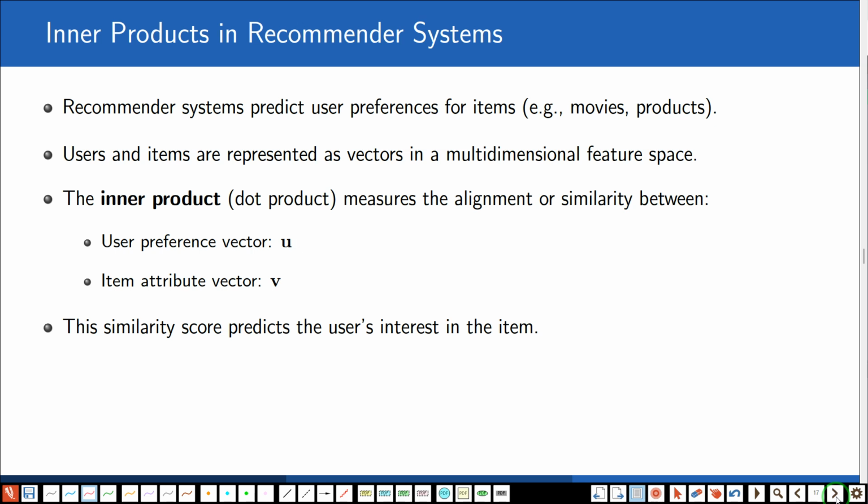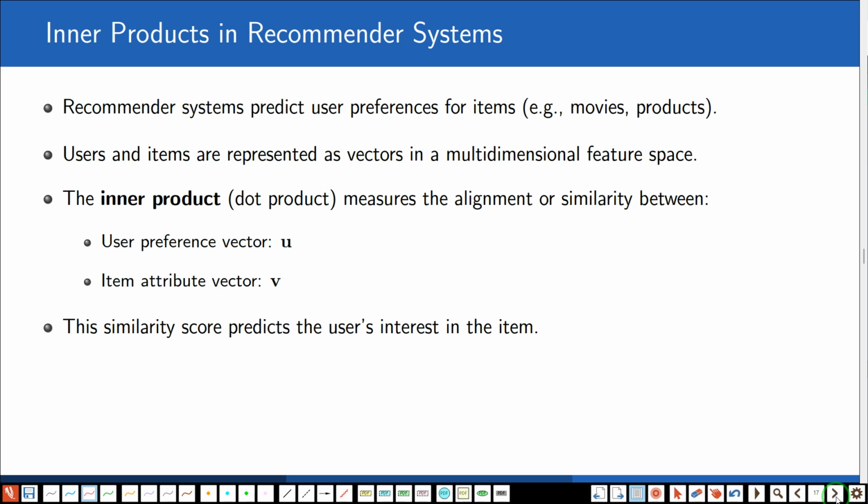Then, based on the data that you have from the user, you need to predict the score or rating of a user for a specific item, say a movie. One way to estimate that score is to simply calculate the inner product between two vectors.